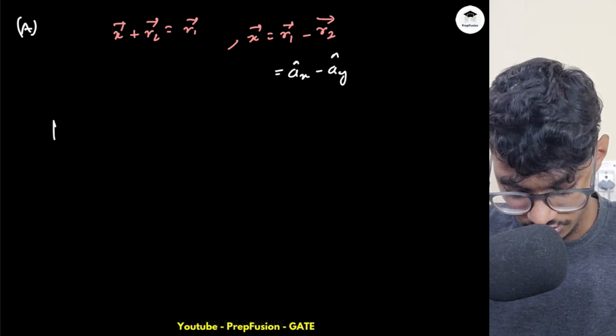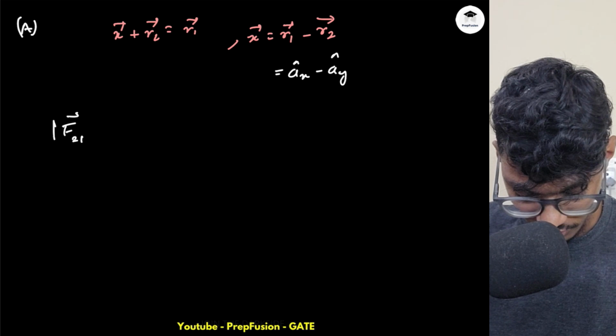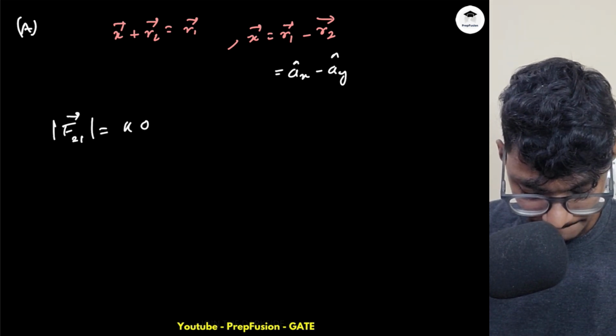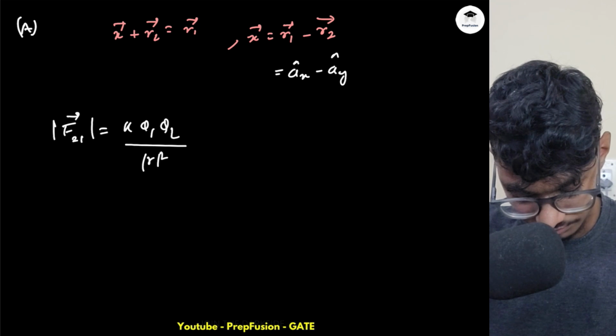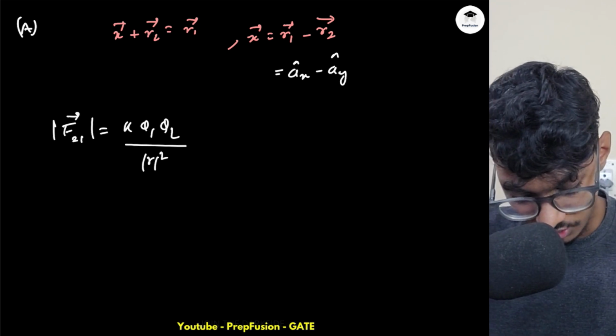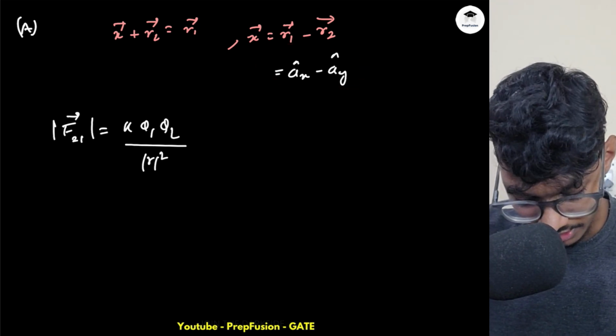How do I find out the magnitude? So the magnitude of F21 will be simply k q1 q2 by r square. But this is not a unit vector, right? I need to find out the unit vector.